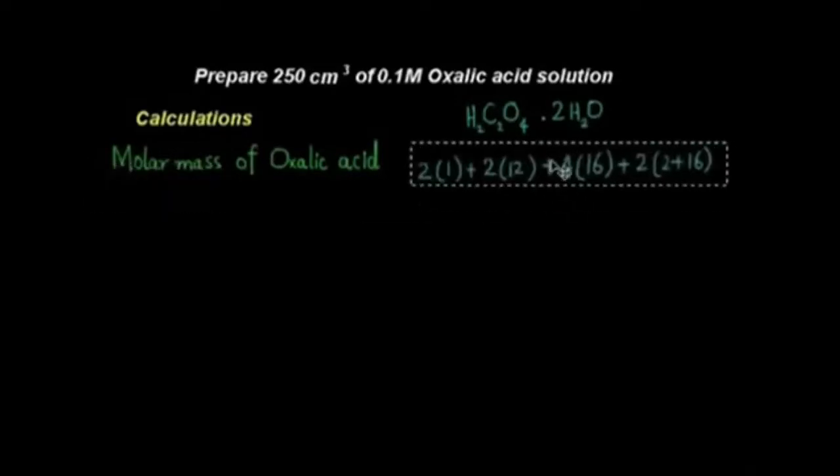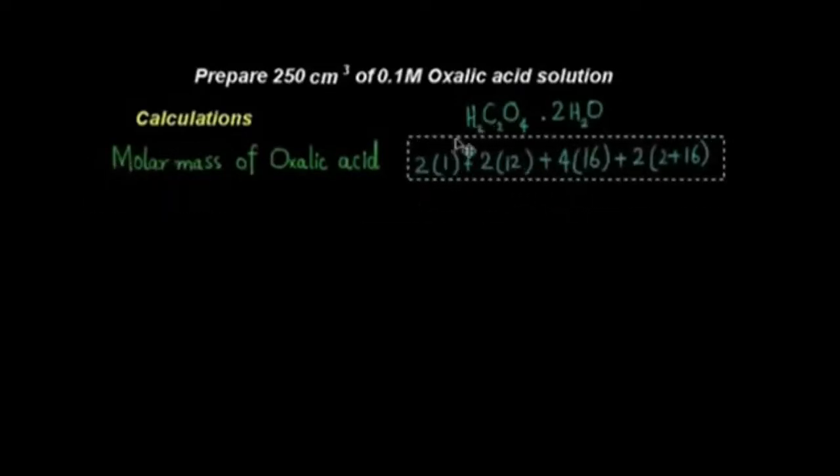So by multiplying these elements' atomic masses along with the number present, 2 into 1 is for hydrogen, where 1 is the atomic mass and 2 is the number of atoms present. This 2 is representing the number of carbons and 12 is the atomic mass of carbon. This 4 is the number of oxygen and 16 is the atomic mass of oxygen, and this 2 is the number of water molecules, and inside the bracket 2 is the atomic mass of 2 hydrogens and 16 is the atomic mass of oxygen.